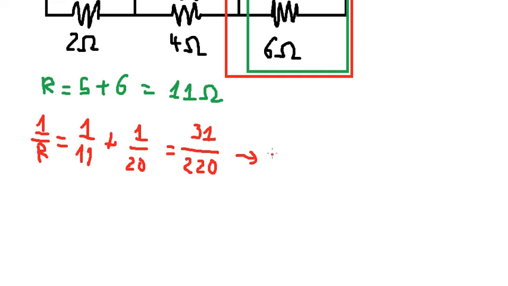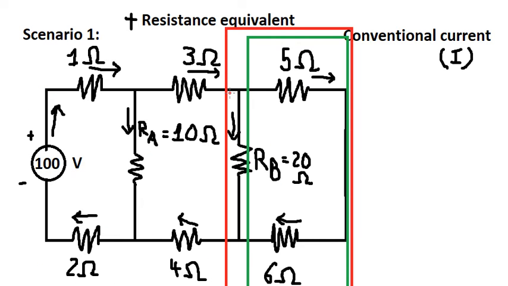And now for R, we need to put 220 over 31, because we just put R go to the right, this number go to the left. So we need to swap this number from 220 go to here, 31 go in here. And this is the resistance for the red one.